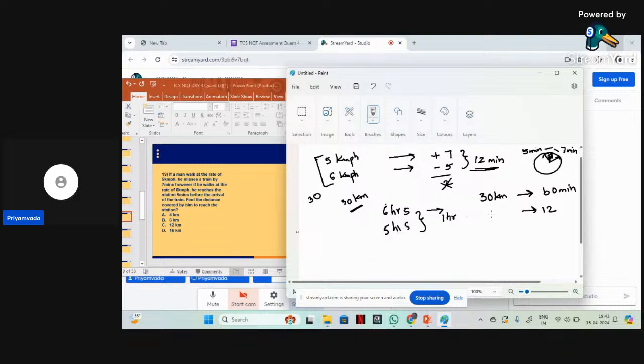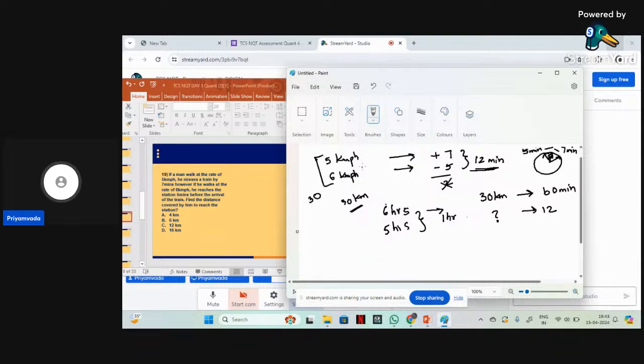Then how much is the distance? So here what we did is, we assumed the distance to be 30 kilometers. So why did we take exactly 30? So that the distance is 30 kilometers, and if the distance is 30 kilometers, then the time difference is 1 hour. So what is the LCM of 30 into 12 by 60?